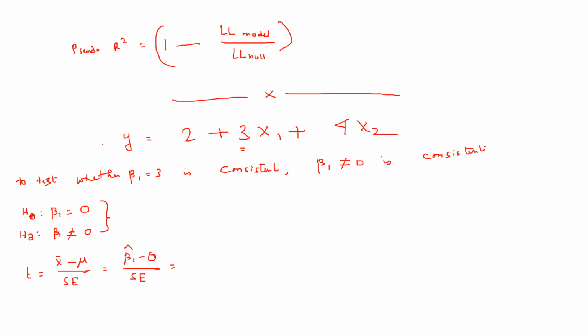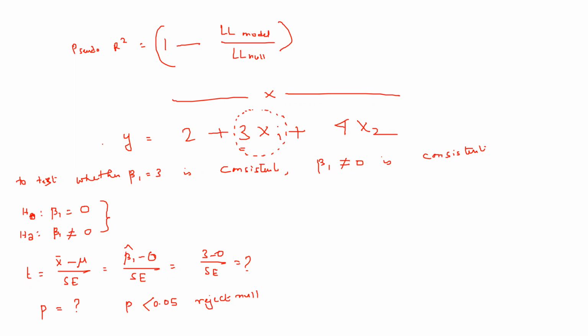I will show you what that standard error value is. Based on the t value, we also get a p value. As long as that p is smaller than 0.05, I will reject the null hypothesis. That means I will say beta 1 is not equal to 0, so I can believe this value that I'm getting.